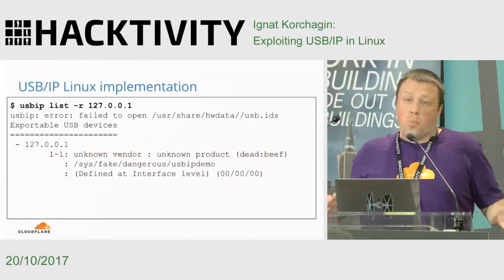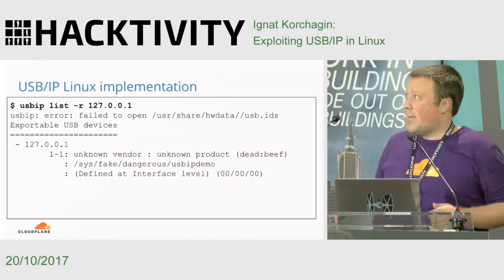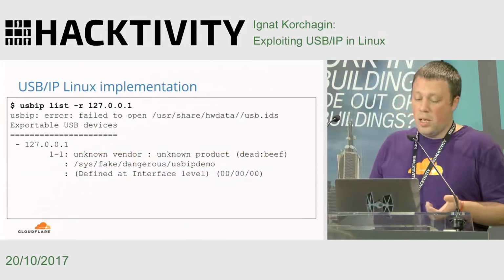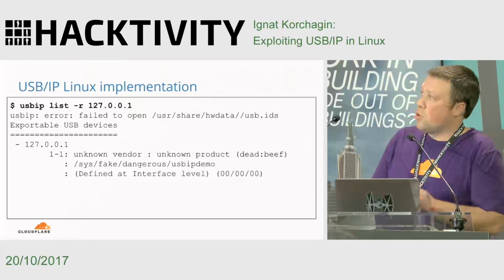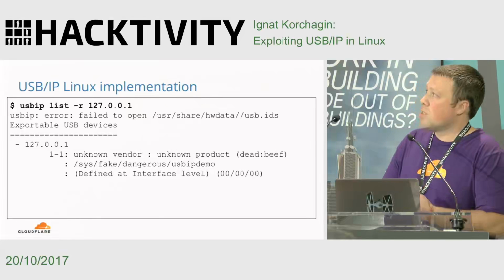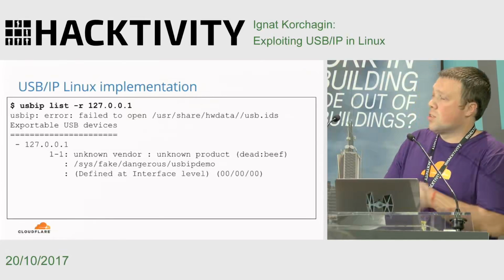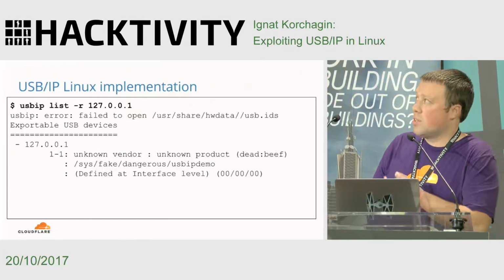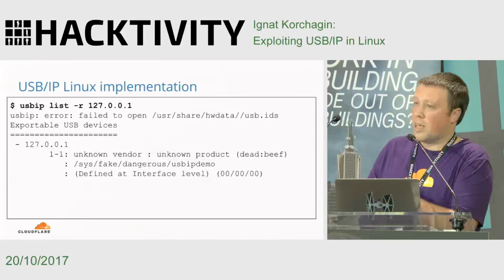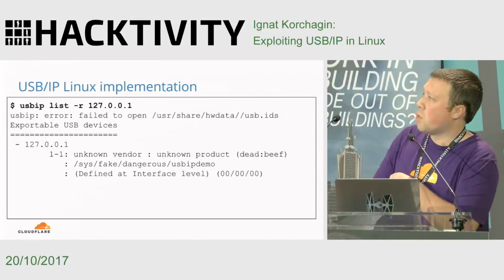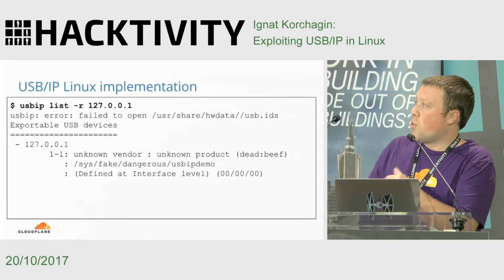So this is how it looks from the command line. This is a client perspective. So first of all, to import a USB device from a server, you use the USB IP client utility, you issue a list command, and you specify the IP address of the remote server. In this test, I did it like a localhost test, so this is a localhost address, and you get a list of all the devices which are exported from that server.